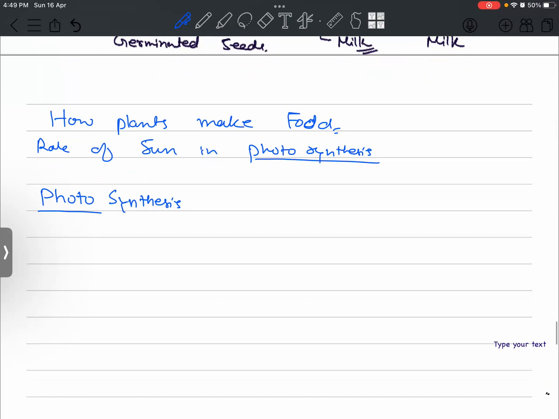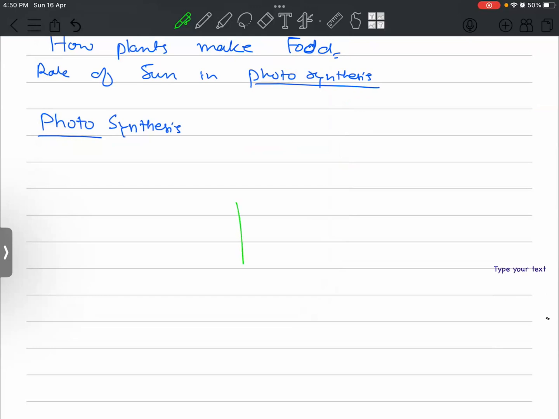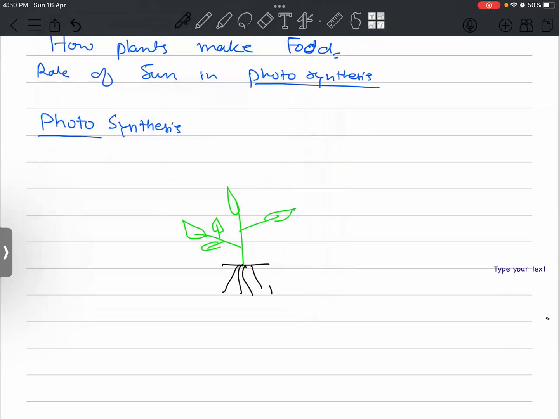Because what is happening here? Let's draw a rough diagram. This is our plant. This is our sun. Sun gives off light.